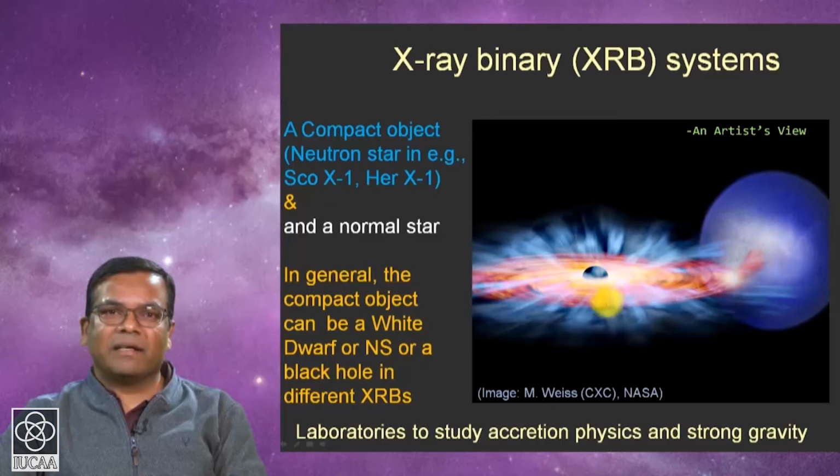In general, the compact object can be a white dwarf, a neutron star, or a black hole. The compact object with its gravity accretes material from the normal star, and this accretion process results in strong X-ray radiation. These objects are essentially laboratories to study accretion physics and very strong gravity near compact objects such as neutron stars and black holes.